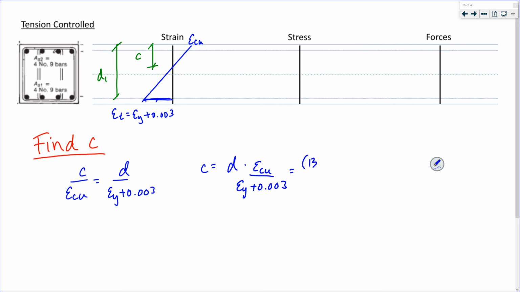C equals 13.5 inches times 0.003 over EY, 0.00207, plus 0.003.